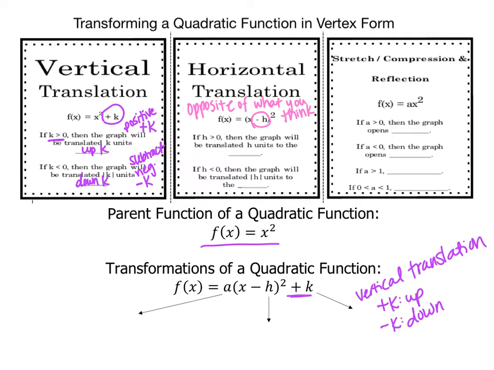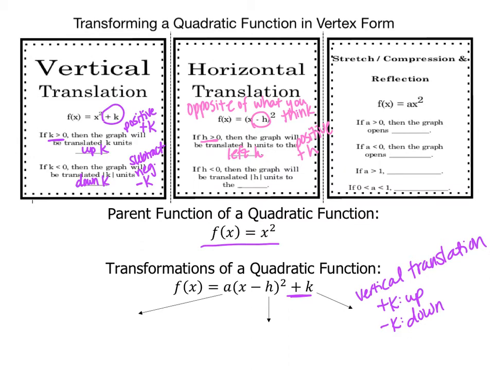Well, in the equation, I would see a minus sign. So it's going to be opposite of what you think. What I mean by that is if h is greater than 0, so if I see a plus h there, then I'm actually going to be moving to the left h units. So if I have x plus 7 squared, then I'm going to be moving to the left 7.